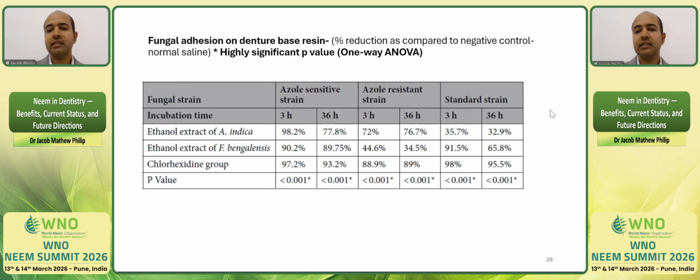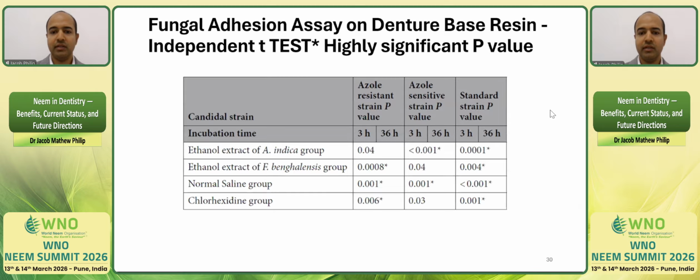And we see that this reduction in adhesion is also consistent. It is able to consistently inhibit the adhesion of the fungus on the denture at 3 hours and 36 hours of incubation. So even across a period of time, it was able to inhibit the fungus from adhering onto the surface of the denture. So very good statistical results we were able to get.